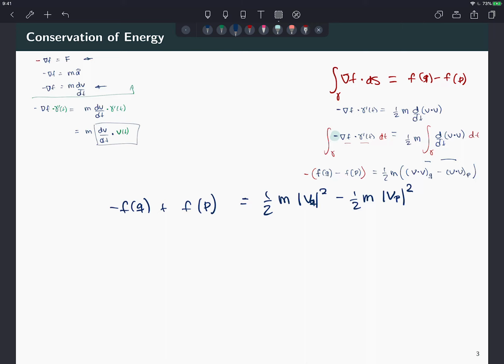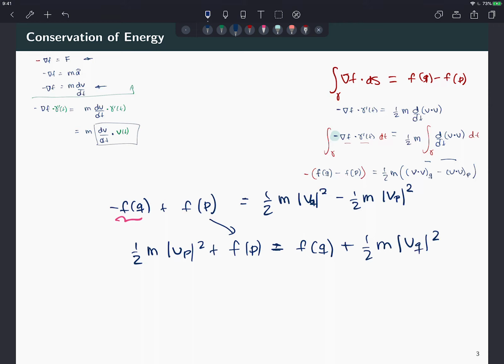You have the p part on the left side, so I'm going to add this term and bring it over here, and it shows up as 1/2 of m times vp squared plus f of p. Then I'm going to add this other term so it shows up on the other side, so it's f of q plus 1/2 of m times the magnitude of vq squared.